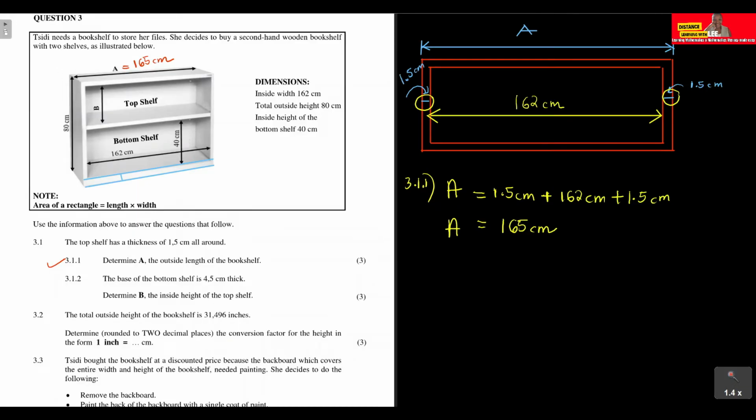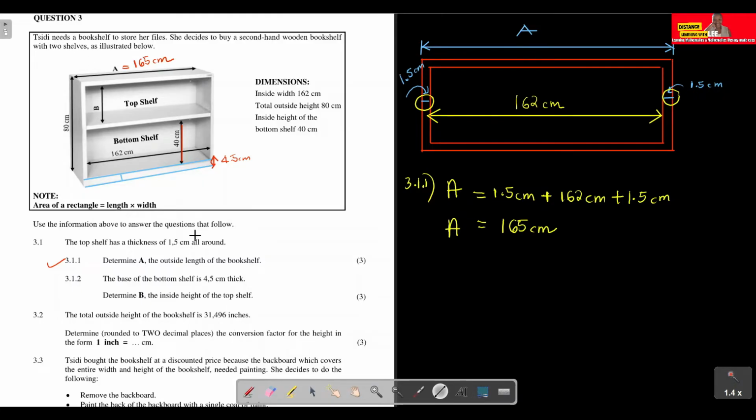So how would we be able to determine B? Here we basically move from the bottom to the top. We already know the base thickness is given as 4.5 centimeters. Then the distance from the base to just before the top thickness is 40 centimeters, because the inner length is 40 centimeters.